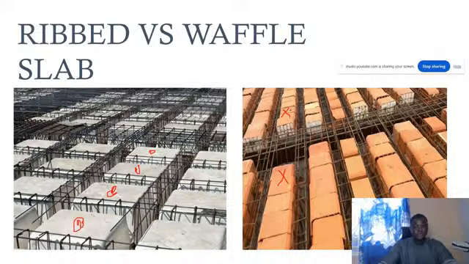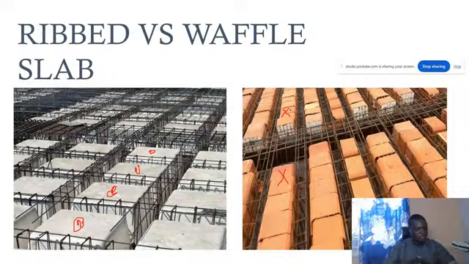So it has to be permanent with the slab. But in the case of waffle slab, most of the time the formwork or the mold that was used is temporary. After adding the concrete, it will be removed. Another reason why this is common for waffle slab is that aesthetically, waffle slab is more pleasing to the eye compared to a full rib slab.